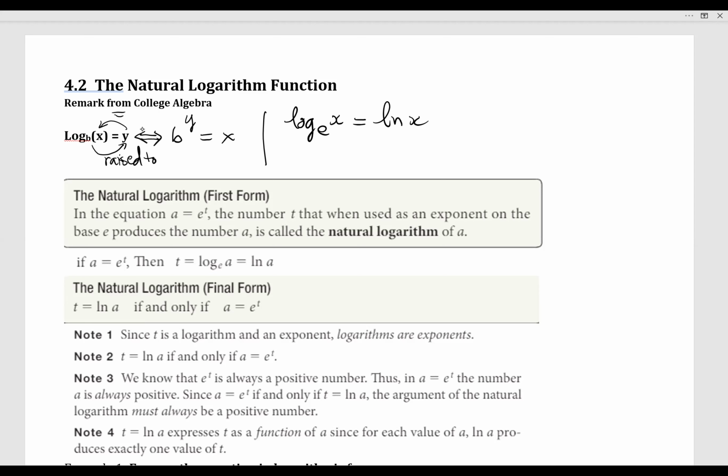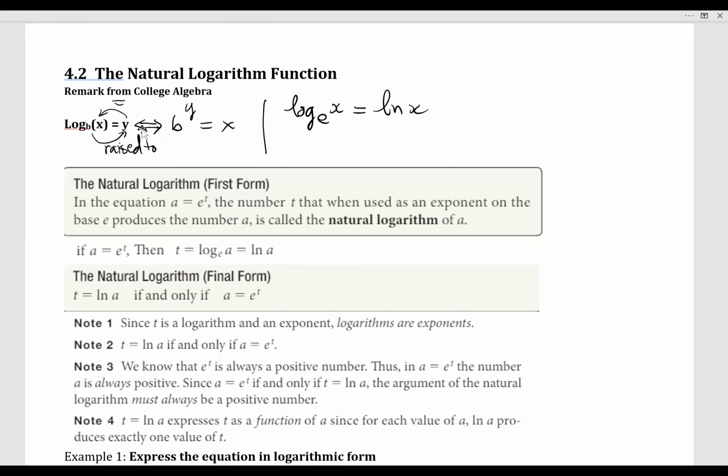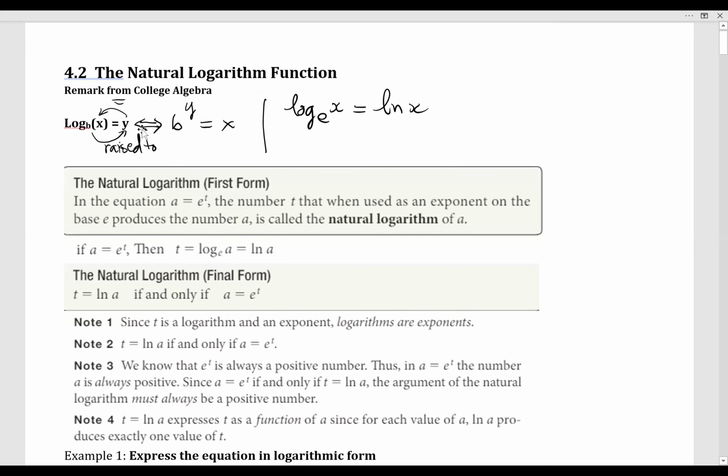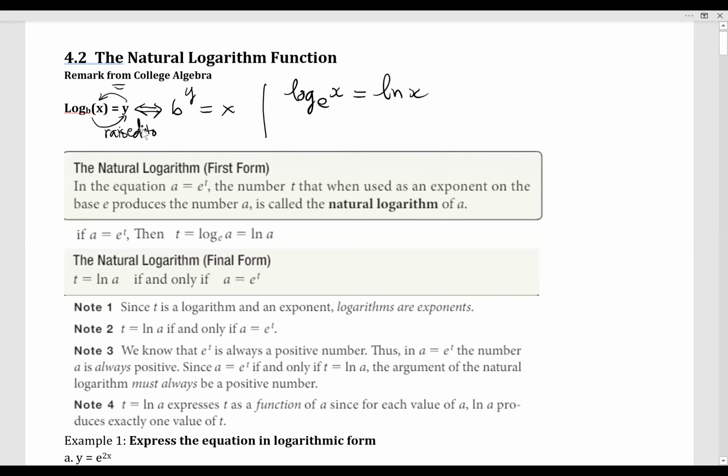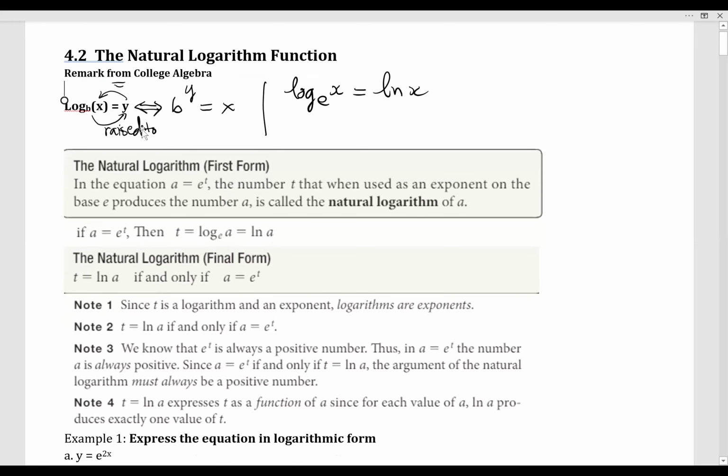Now let me go ahead and get into 4.2 today. First, we have the first form of the natural logarithm. In the equation a equals e to the t, the number t that, when used as an exponent on the base e, produces the number a is called the natural logarithm of a.